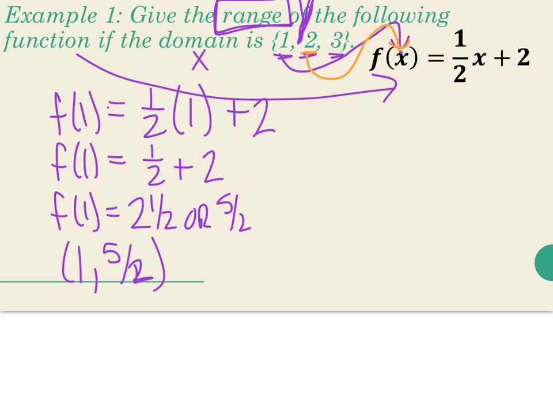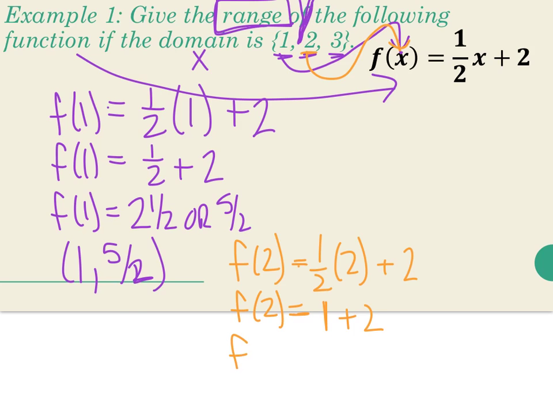So we have f of 2 is equal to 1/2, and instead of writing x, we're writing 2, plus 2. This helps us remember what we plugged in the first place. Now we're taking 1/2 times 2, which is 1. So f of 2 equals 3. So when I plugged 2 into my function, 3 came out. So when my domain was 2, my range is 3.